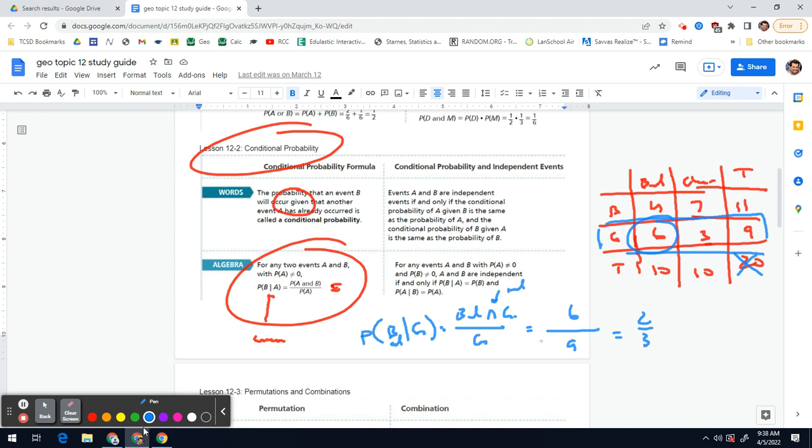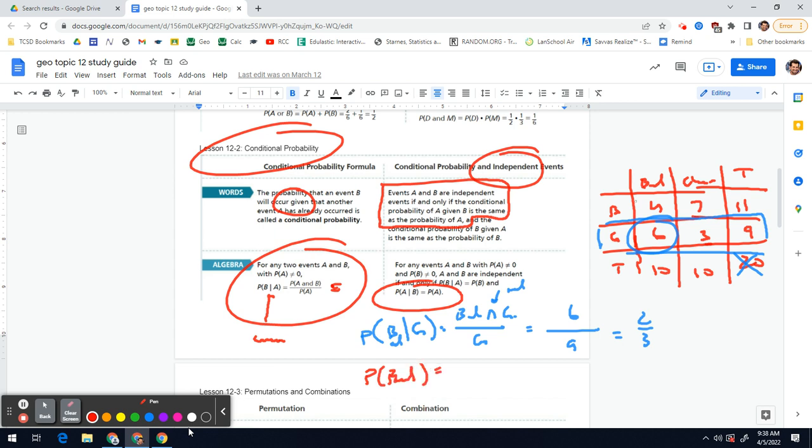That's a conditional probability. Now, we can also test for independence using conditional probability. Events A and B are independent if and only if the conditional probability of A given B is the same as the probability of A. Right down here, A given B equals A. So for instance, this is the probability that someone's in band given they're a girl. Now let me find the probability that someone's just in band.